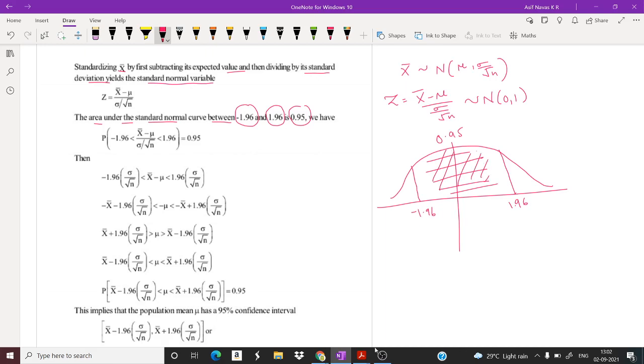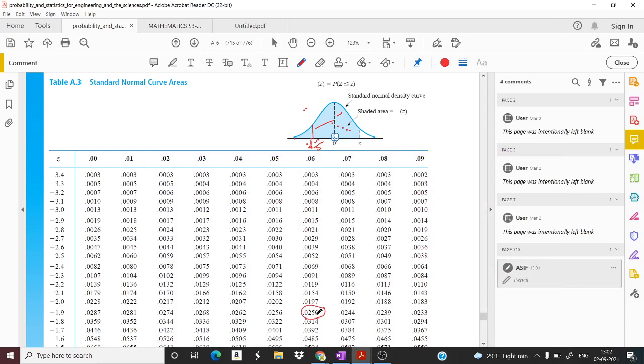Okay, because we know that up to here the value is 0.0250, right? 0.0250.